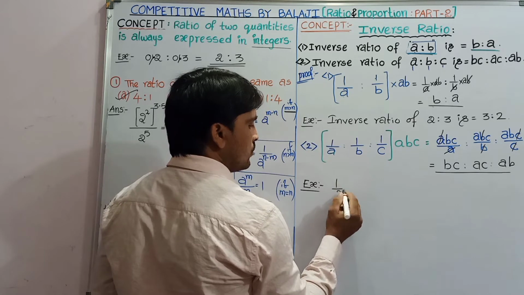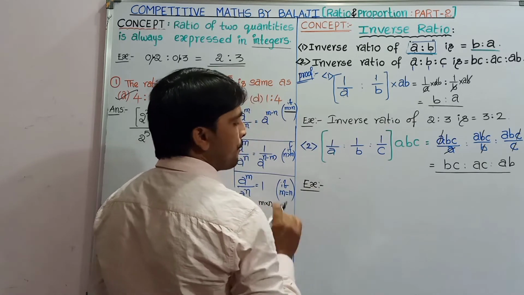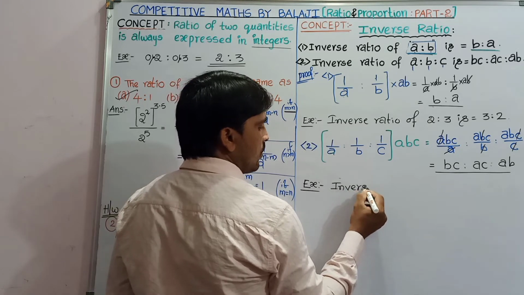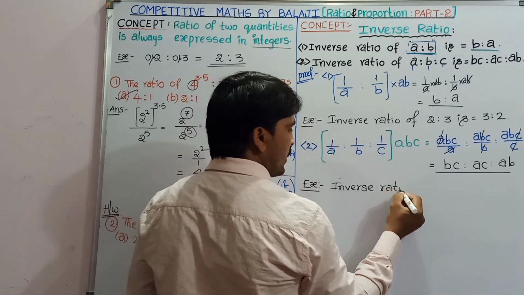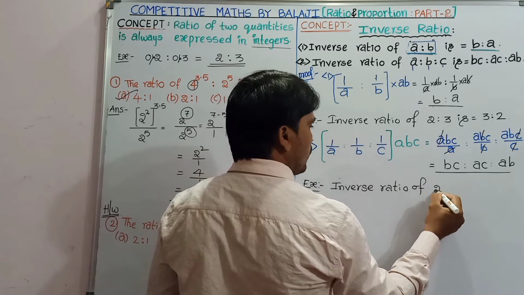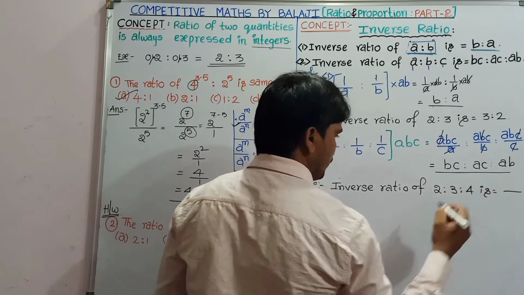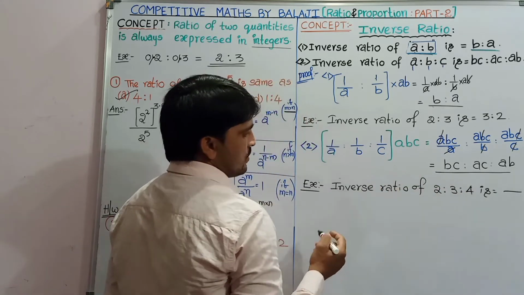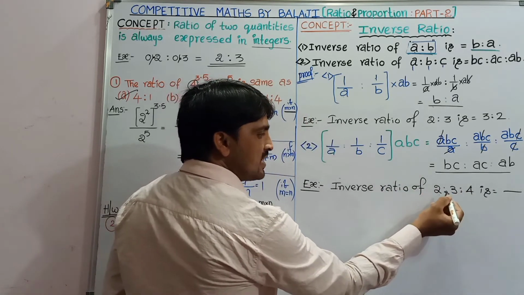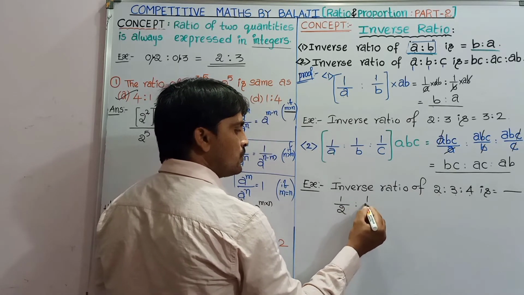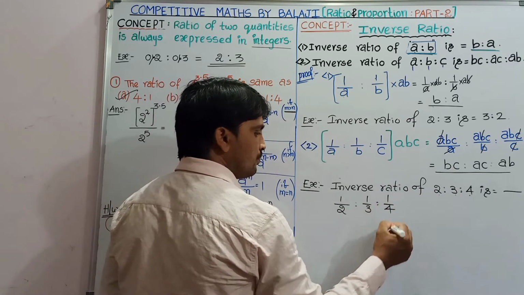Find the inverse ratio of 2 is to 3 is to 4. To get their inverses, we have to consider reciprocals of each term of the ratio. That is 1 by 2 is to 1 by 3 is to 1 by 4.